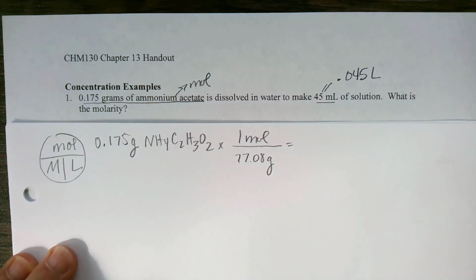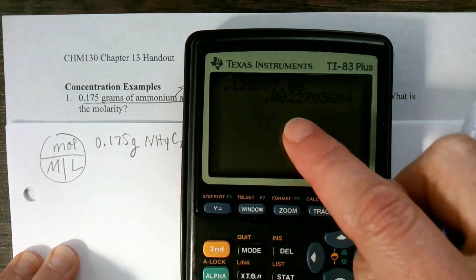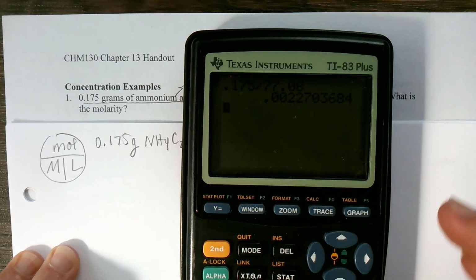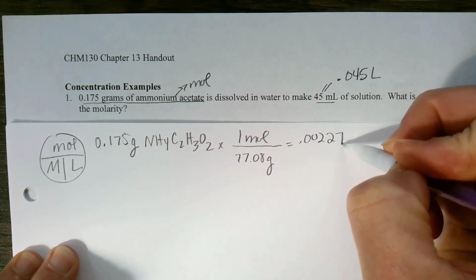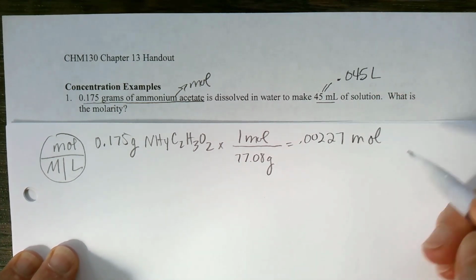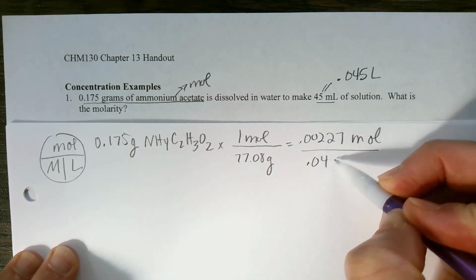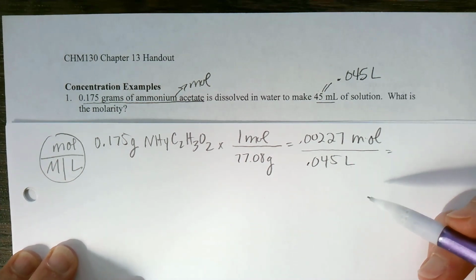So let's plug that into our calculator here. 0.175 divided by 77.08. And I get 0.00227. That's moles. And I'm going to divide that by 0.045 liters because the definition of molarity is moles per liter.